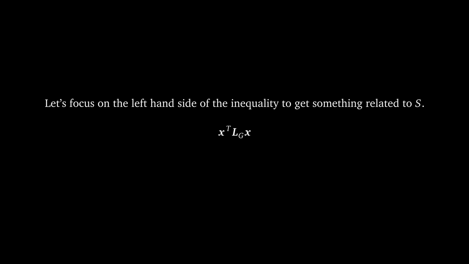We already got lambda 2 on the right-hand side, so let's focus on the left-hand side and see if we can get something related to our subset, using the vector x. We'll first consider the indicator function of our subset, where it's 1 if our vertex is in our subset and 0 otherwise.